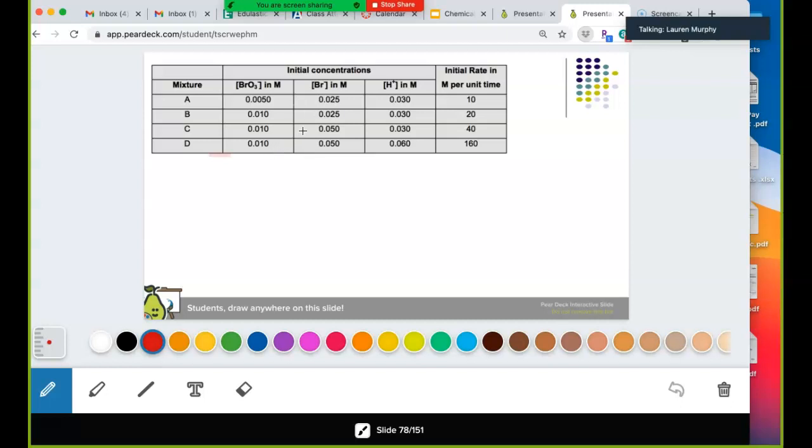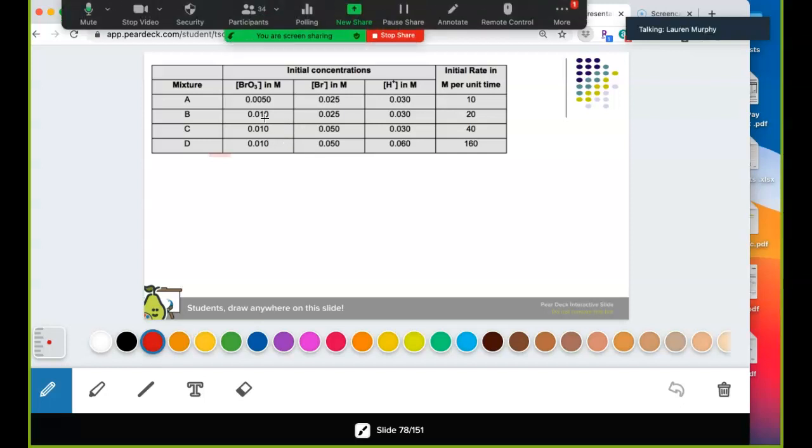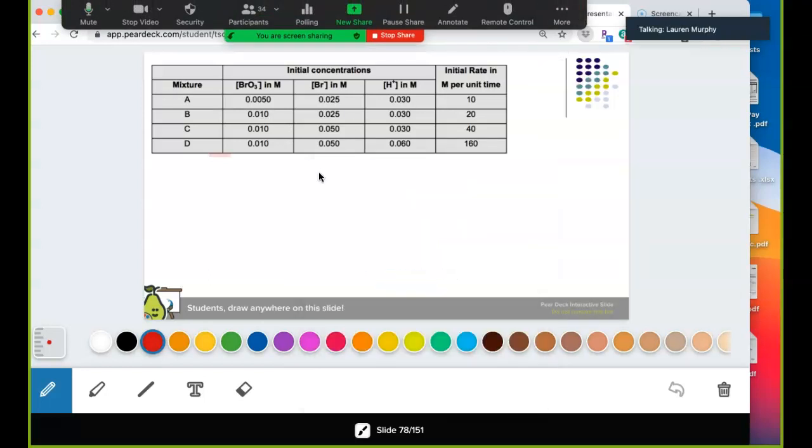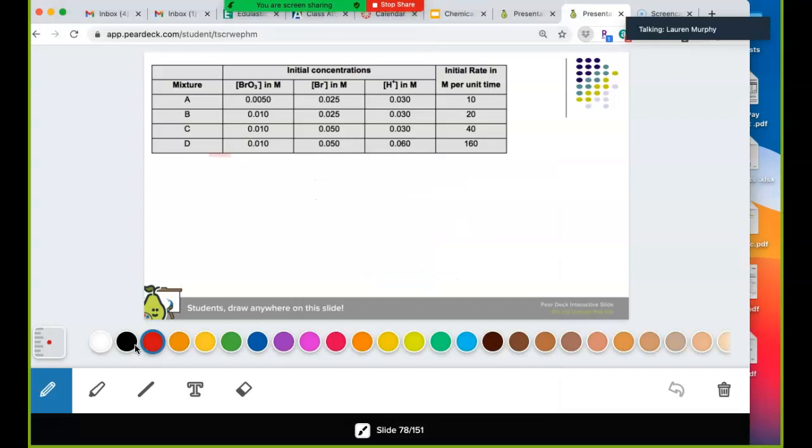Which two experiments will that work for to compare? Or which two mixtures? B and C. Very good. B and C. Bromide is changing between B and C, while these guys are remaining constant.